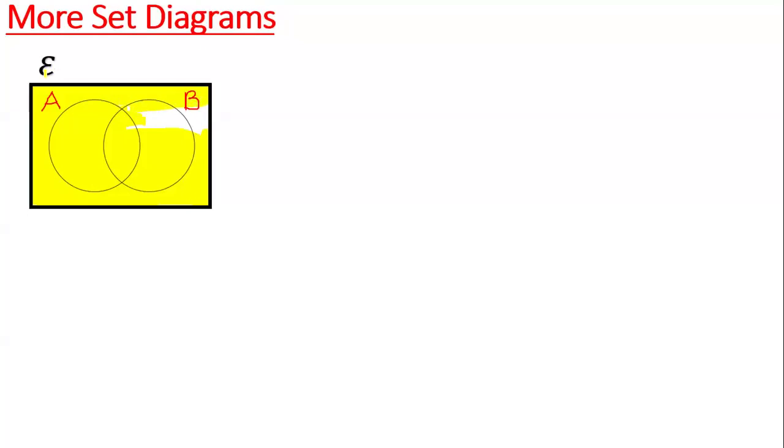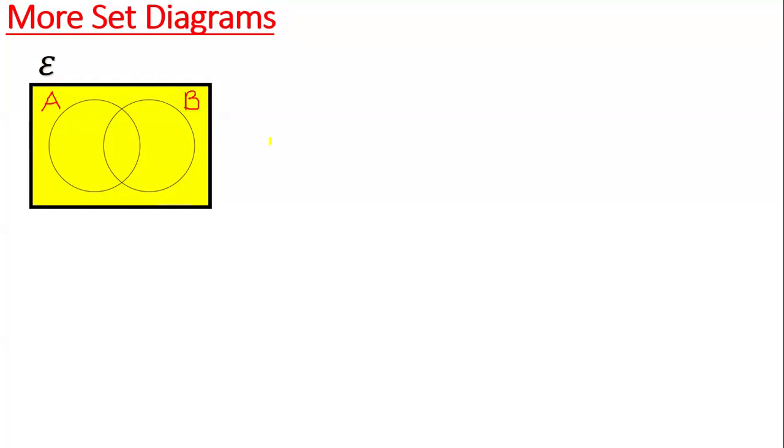Nateo, what does the symbol mean? Universal set. And what do we shade in the universal set? Everything. Very good. Do you understand that, Nateo? Yes, sir.